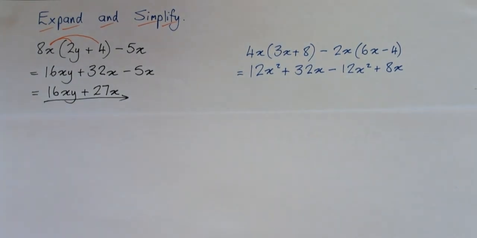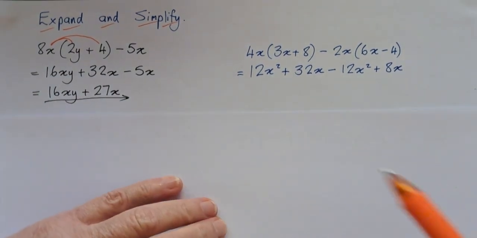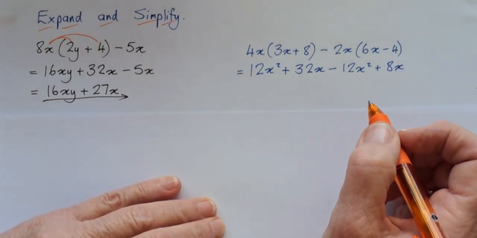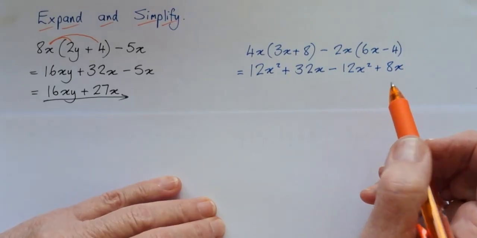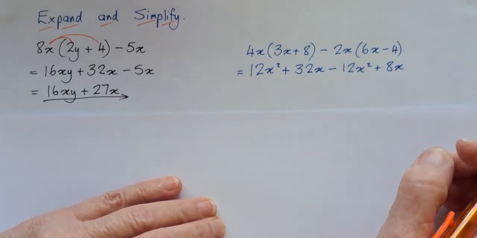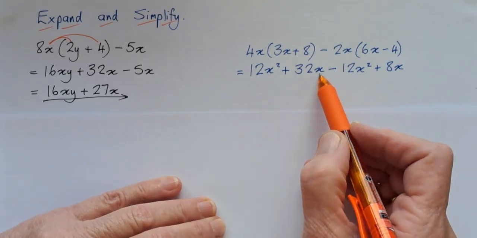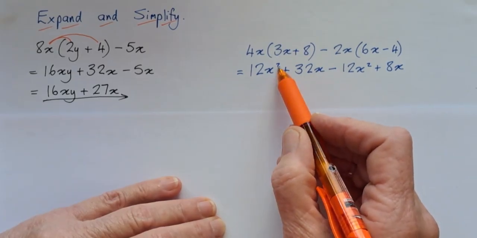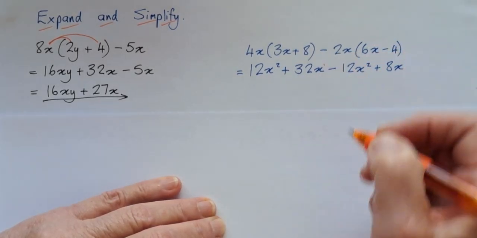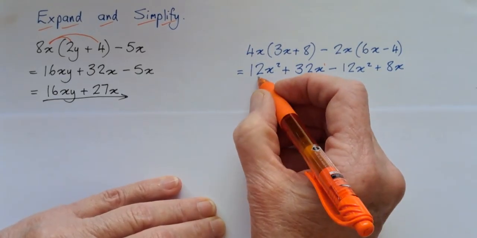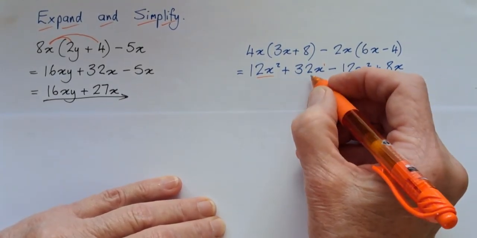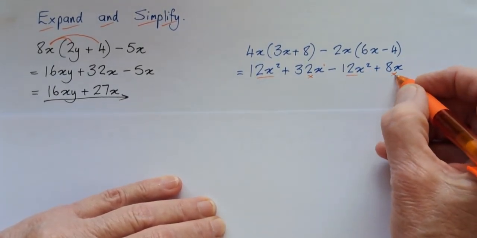So looking again now at my four terms that I've created, remember from the first episode, like terms are the same variable to the same power. So even though this has an x variable and that also does, they are not like terms because that's x squared, and this is x to the power of 1. So I've got two x squared terms and I've got two x terms.